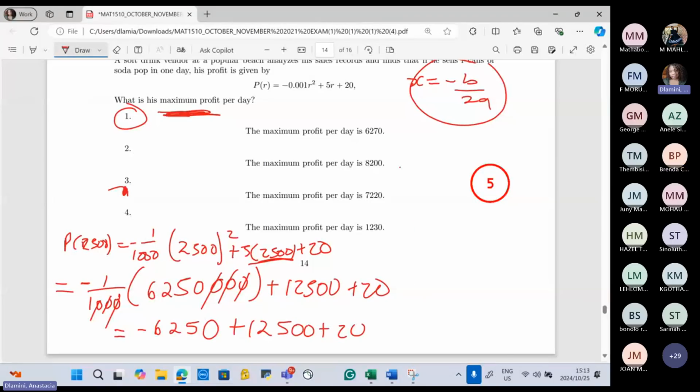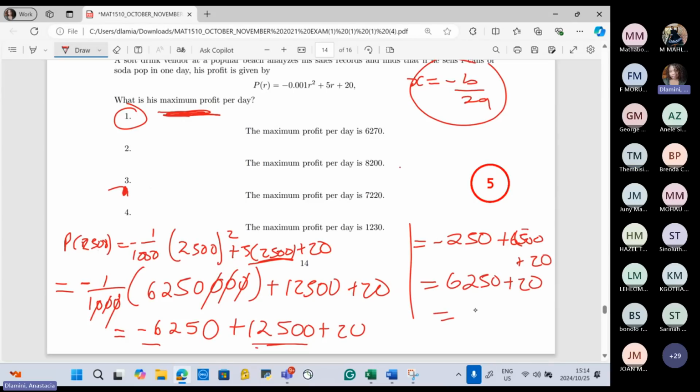There's 6,000 in 12 here. Then you're left with 520 minus 250. Then that's 6,500 plus 20. After that, in this 500, there's a 250 there. So then you are left with 650 plus 20. Then you have 6,270.